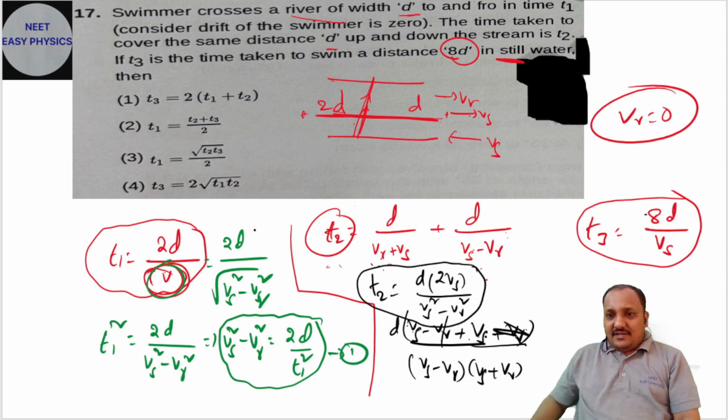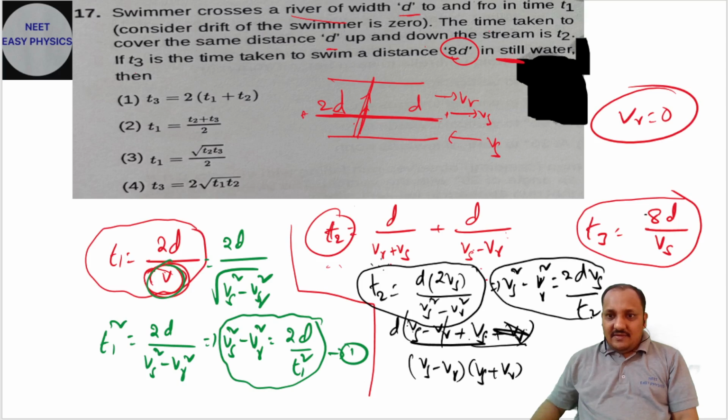So from this equation, you can write Vs square minus Vr square is equal to 2d Vs by t2. I will write all these equations on the next slide, just you can see one by one.